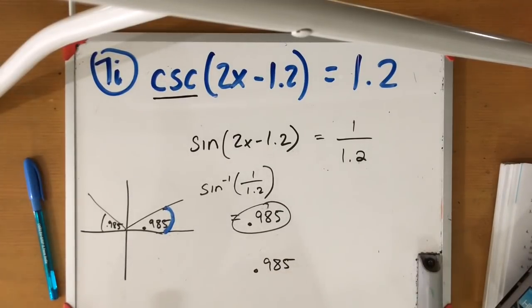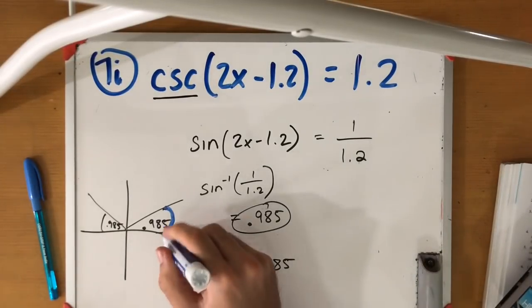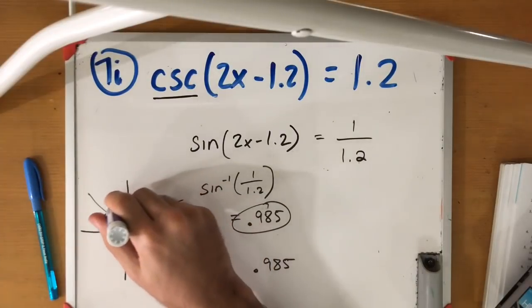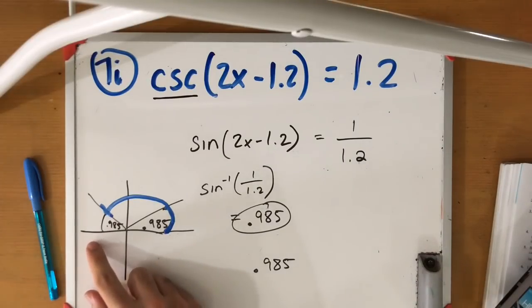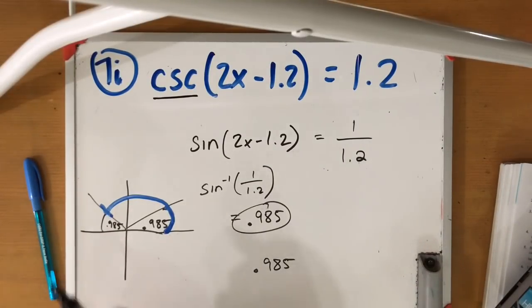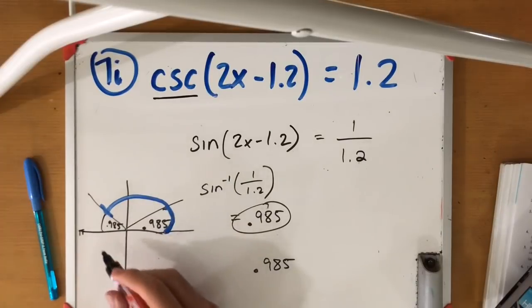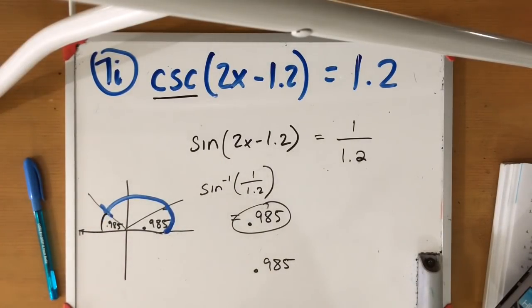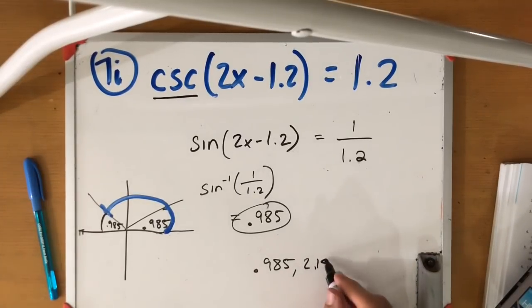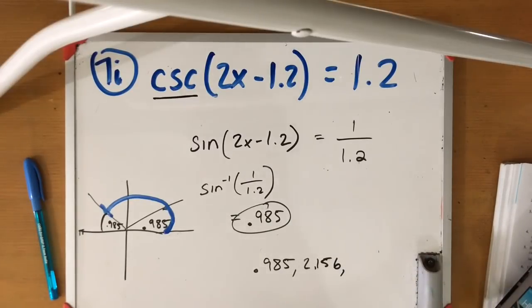Okay, if I keep going, this is my second angle. Let's do pi. Pi minus 0.985 is equal to 2.156. All right, let's keep it moving.